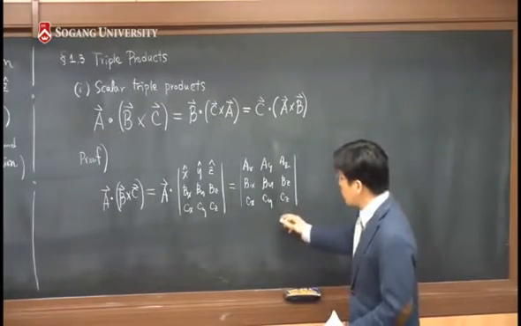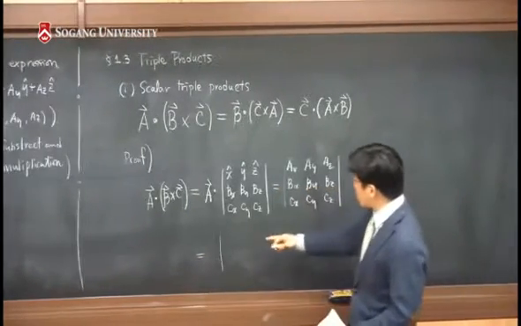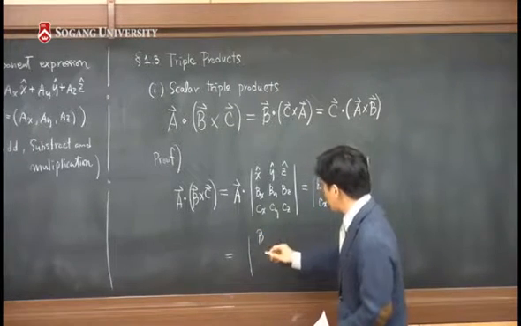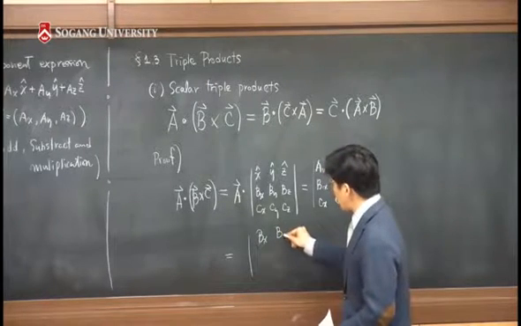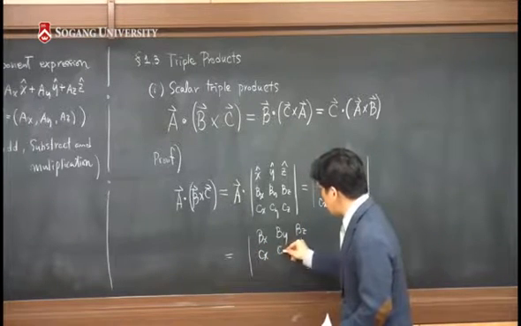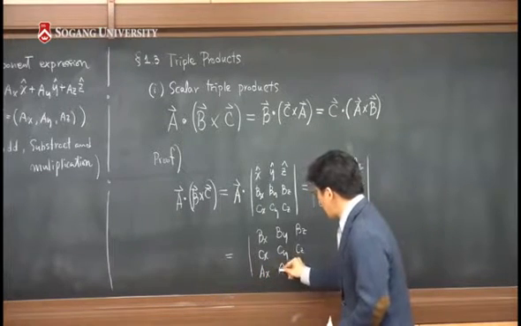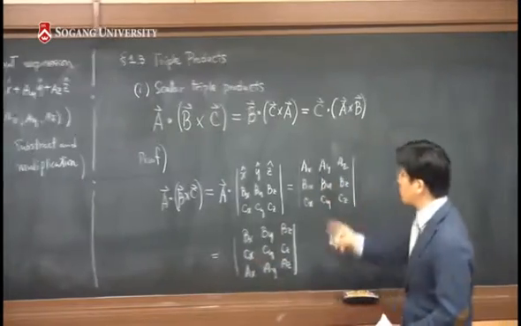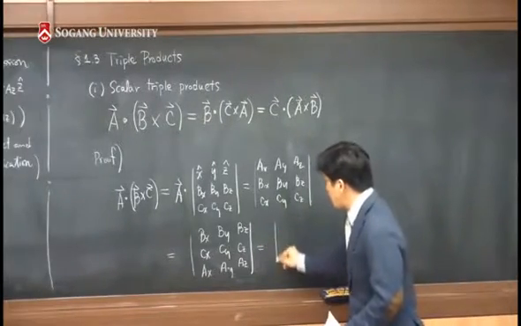The first row can be given by the components of B, Bx, By, and Bz, and then Cx, Cy, and Cz, and Ax, Ay, and Az, and whose determinant is equivalent to the original one.